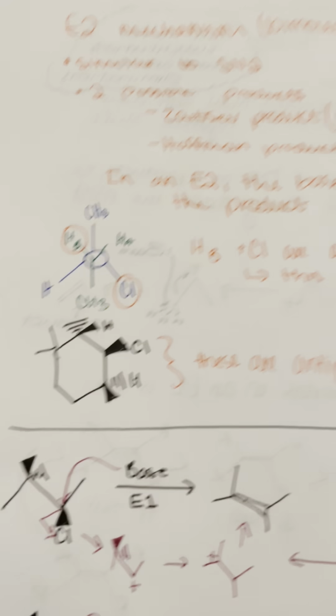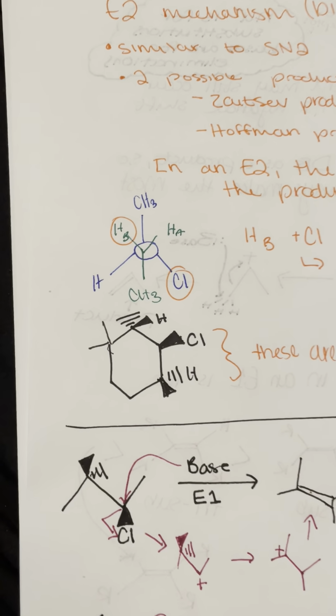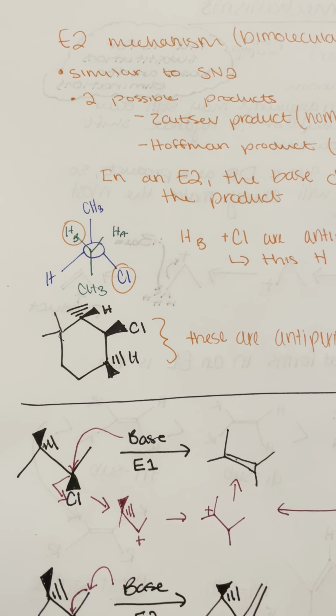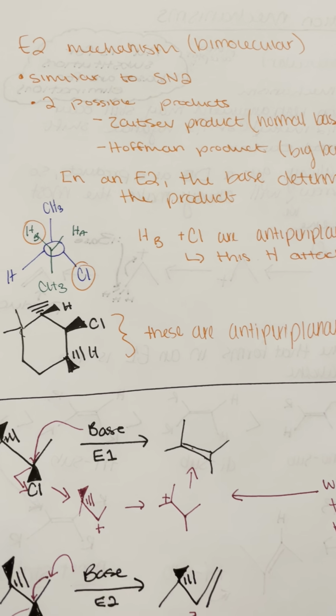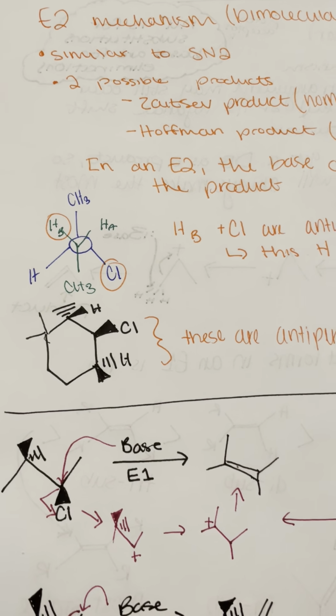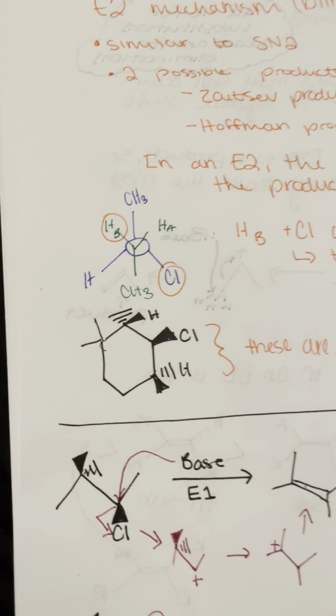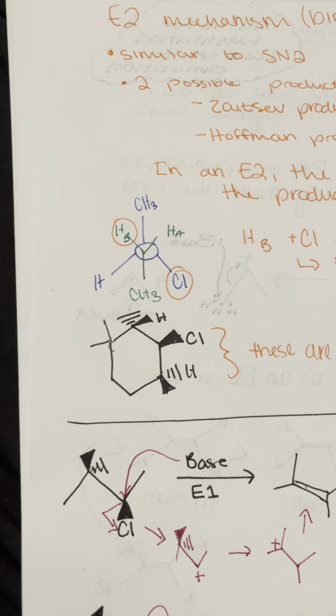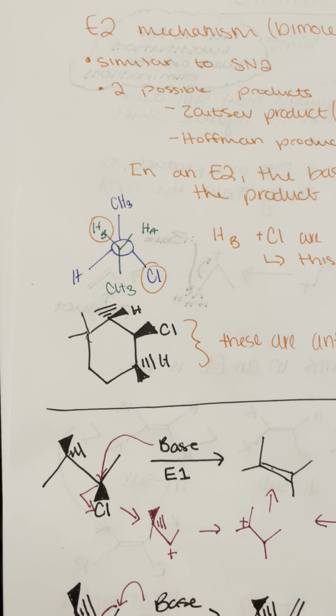And here is another example, but this time with a cyclohexane, with stereochemistry, of course. The H on the wedge and the Cl on the hatch are antiperiplanar. Now this is because even though they may seem close together, they are actually farther apart than you think.